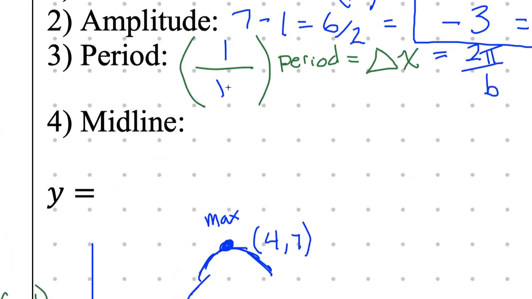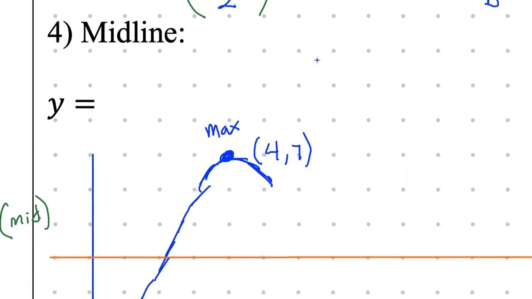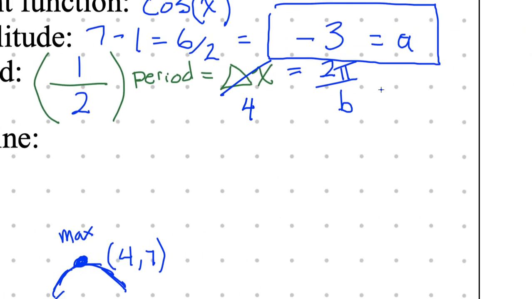So I have half the period, and I set that equal to delta x, the change in x. Well, how far did I move? I went from 0 to 4. I'll do some really sophisticated math for you. 4 minus 0 is 4. So I'm going to say that's equal to 4. Okay, well, if half the period is 4, what is the full period?